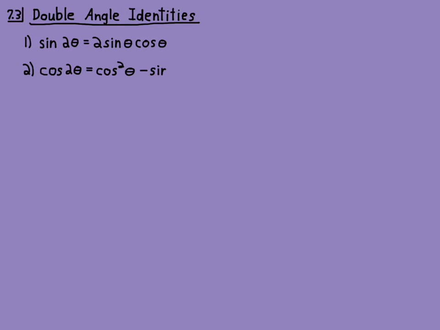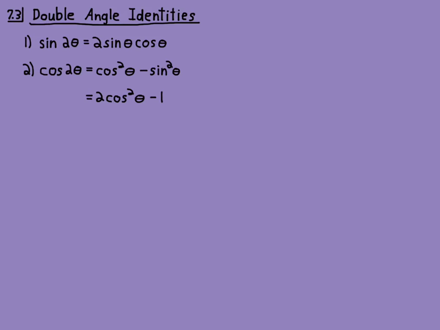Cosine 2 theta equals cosine squared theta minus sine squared theta. Remember, cosine squared theta plus sine squared theta equals 1. But if you take their difference, you get cosine of 2 theta. That can also be written by using the Pythagorean trig identity substitution.